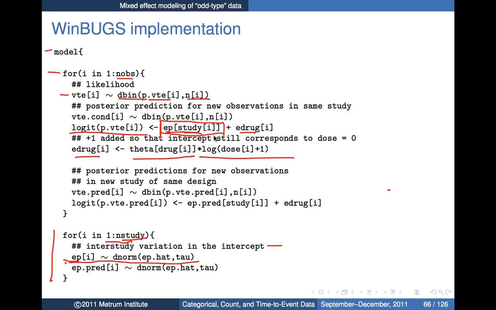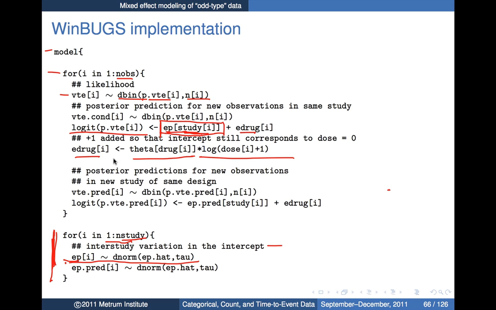So we're going to include that, and so I simply pick out the appropriate one of the values I generated in this other loop by using this nested subscript to pick out that particular value of EP corresponding to that study. So that's the main trick in dealing with the hierarchy here.